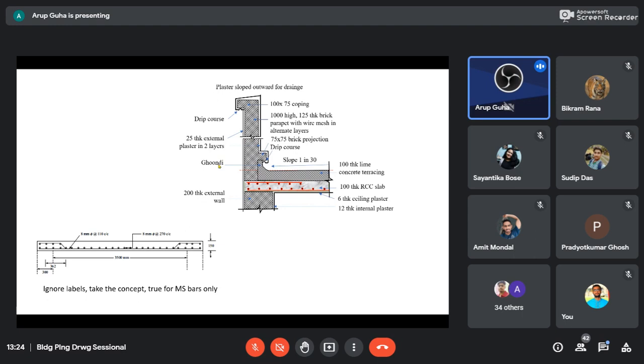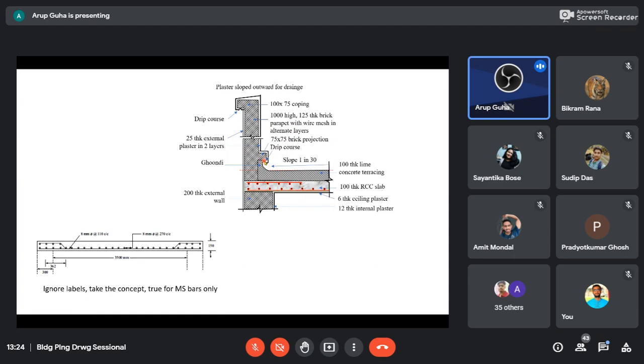Means চাকরির প্রশ্ন হিসাবে it is very very important. So here what happens, 75 millimeter by 75 millimeter brickwork that is projected. তার উপর দিয়ে we put a plaster and here a drip course once again is placed. আর এই যেটা মানে surface protection for this RC slab that is hidden below this brickwork and not exposed to the exterior.